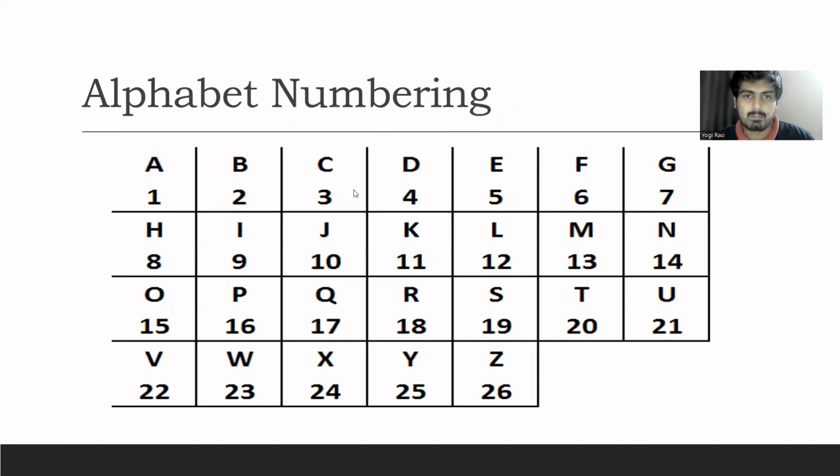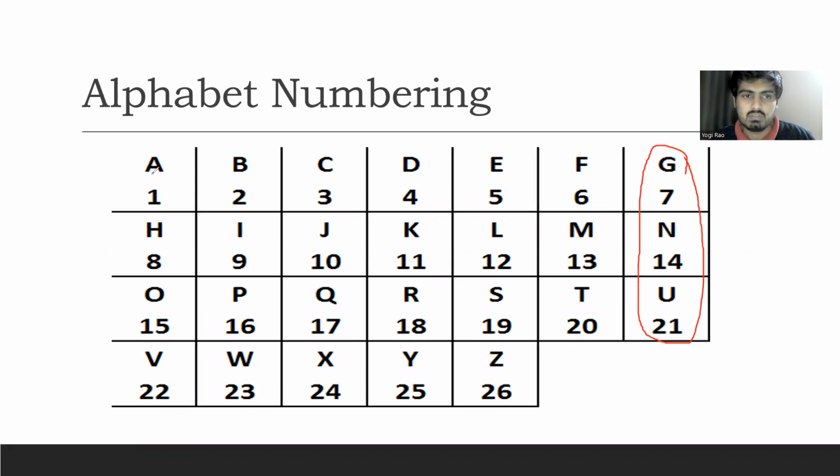Alphabet numbering. In alphabet numbering, we have to remember the numbers of the first three alphabets, that is 7, 14 and 21. That's the table of 7. Since they are on the edge, we have to remember them as such.